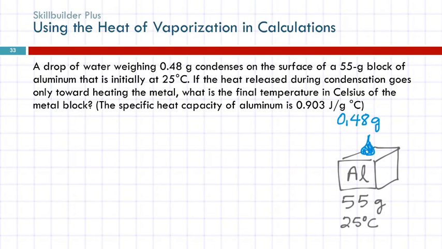So we want to calculate how much heat is released when 0.488 grams of water condense. So we've also got 44.0 kilojoules per mole. That is the heat of vaporization for water.